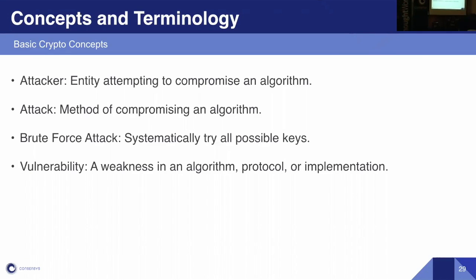So let's have a think about this for a second. An implementation: we've got transport layer security, and OpenSSL is a software implementation of transport layer security. There could be a bug in OpenSSL, and if that bug is in OpenSSL, then if someone else has got an implementation of transport layer security, that implementation is not affected.